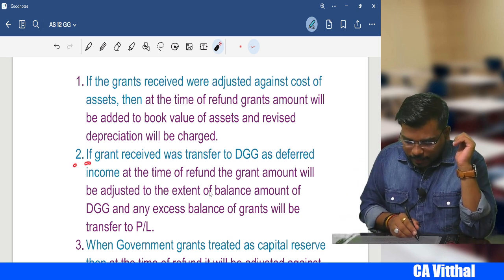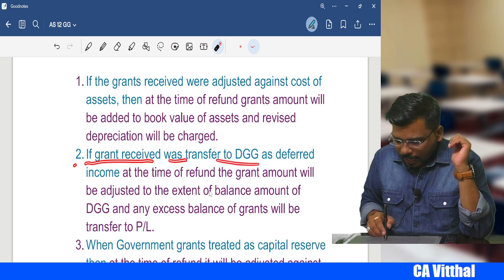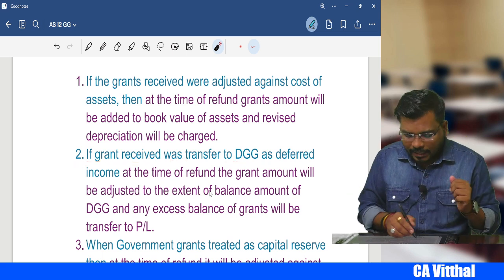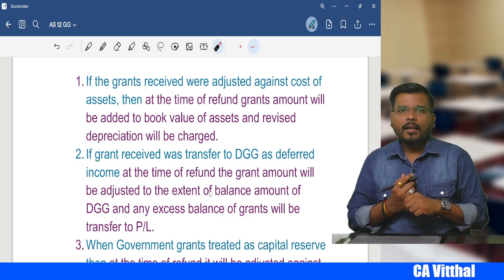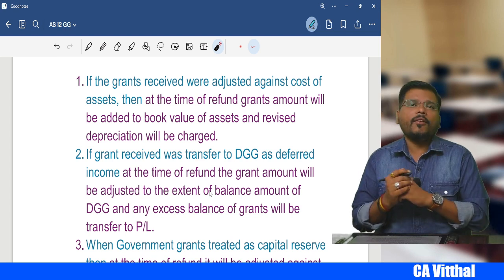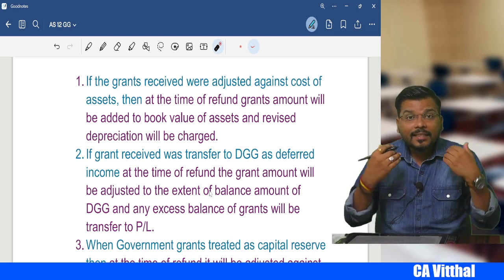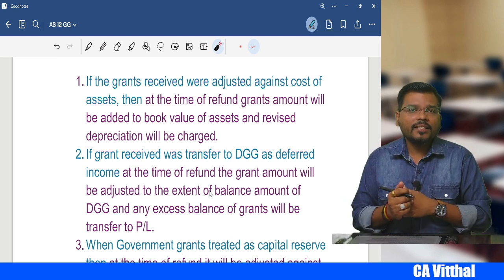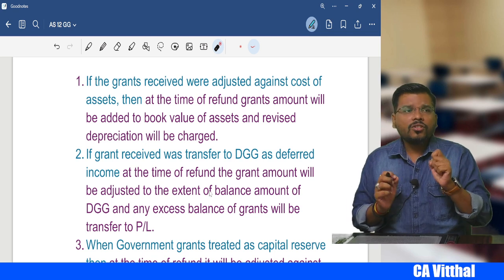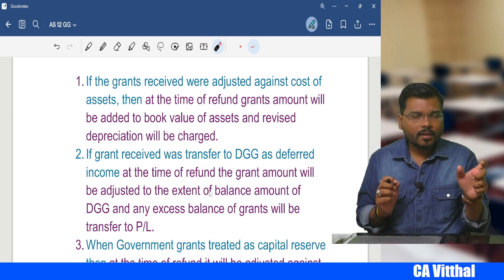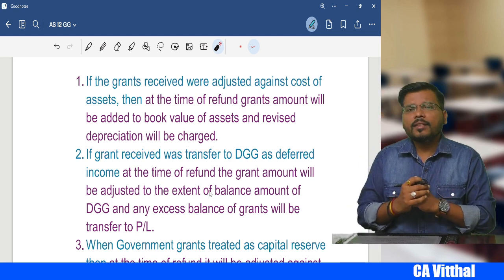Second, if the grant received was transferred to DGG as a deferred income, right? If you transfer the government grant to DGG as a deferred income, then in the balance sheet you will have the DGG, right? So what does AS 12 say?